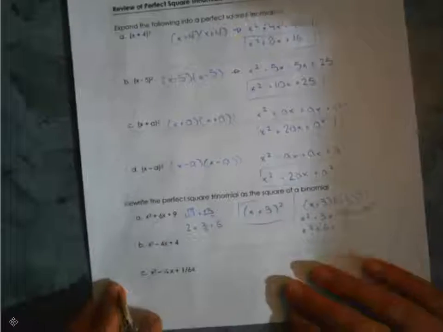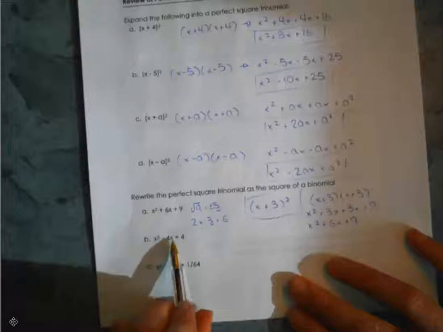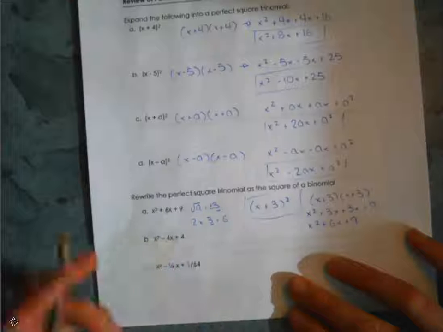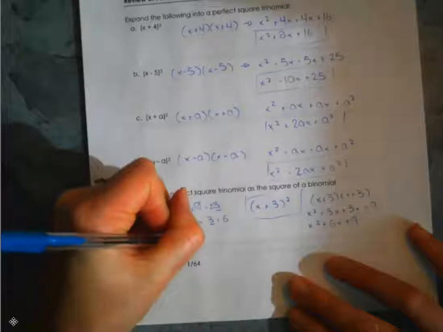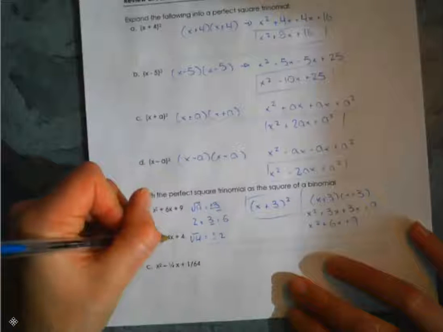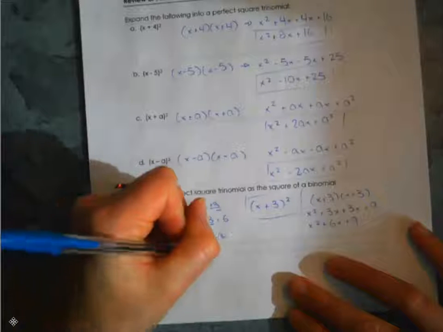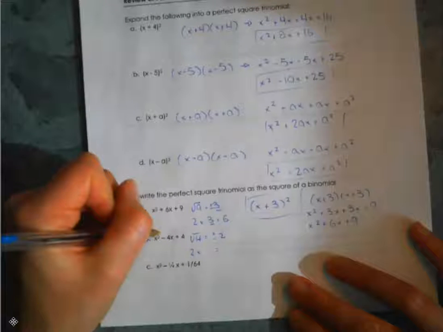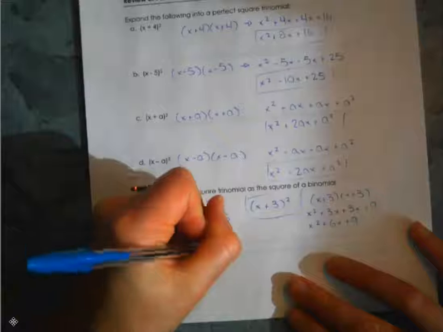Okay, all right, next one here, x squared minus 4x plus 4. So again, we want to follow through the steps here. What's the square root of 4? Well, it could be plus or minus 2. Okay, 2 times what is going to give us, now remember you have to keep this sign with it, so the value we're looking for is negative 4.